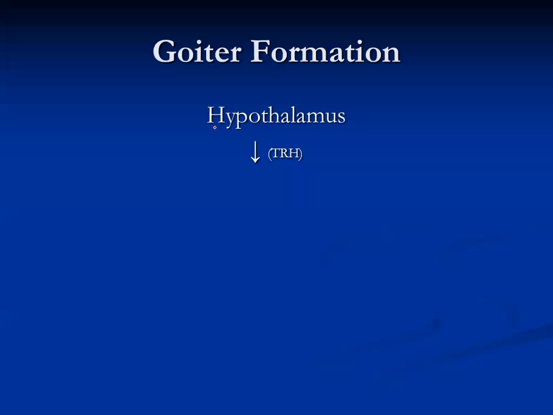The TRH travels directly to the anterior pituitary. And remember, there are these little capillaries that lead directly from the hypothalamus to the anterior pituitary. So the TRH goes directly to the anterior pituitary and stimulates it to specifically release TSH, thyroid stimulating hormone. This should look familiar.